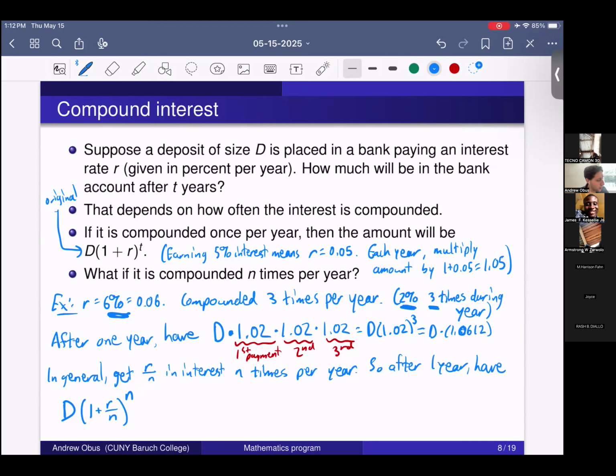So that's after 1 year, and in general, after t years, you have D times 1 plus r over n raised to the n, and then all of this raised to the t, because you're doing it t times. Or in other words, D times 1 plus r over n raised to the nt.